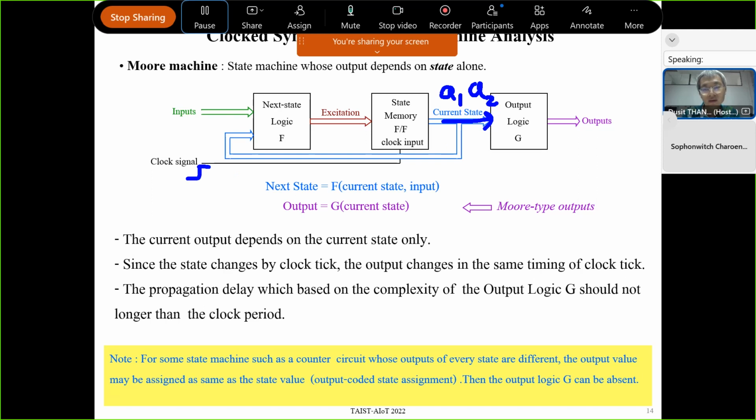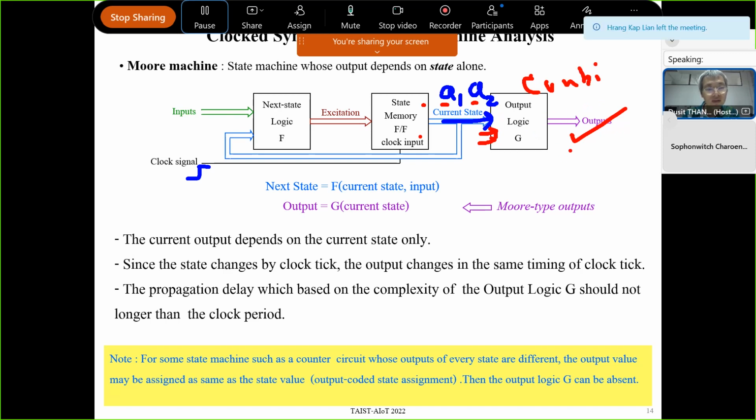That means when the clock ticks, the flip-flop updates its value, right? Q1, Q2 change. That means the input of G changes also. So the output then changes, because G is a combinational circuit. If some input changes, it can make the output change suddenly. So the output changes at the same timing as the clock.